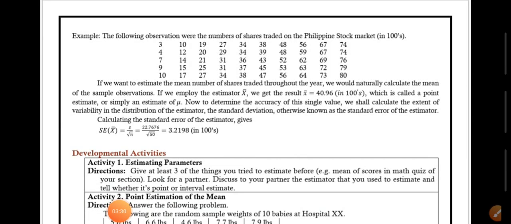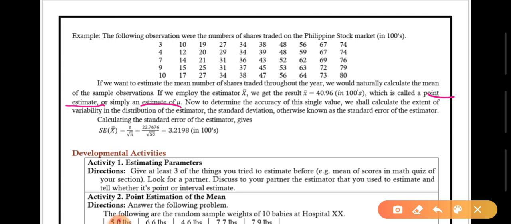The following observations were the numbers of shares traded on the Philippine stock market in 100s. If we want to estimate the mean number of shares traded through the year, we would naturally calculate the mean of the sample observations. If we employ the estimator x bar, we get the result x bar equal to 40.96, which is called the point estimate, or simply an estimate of mu.